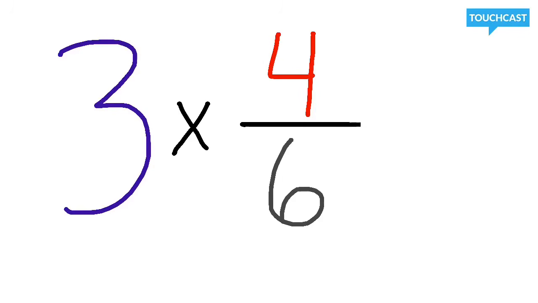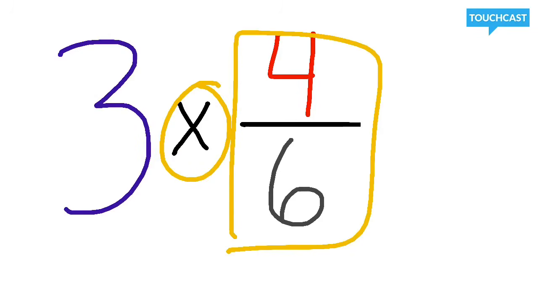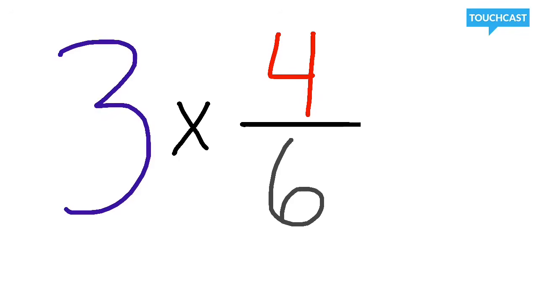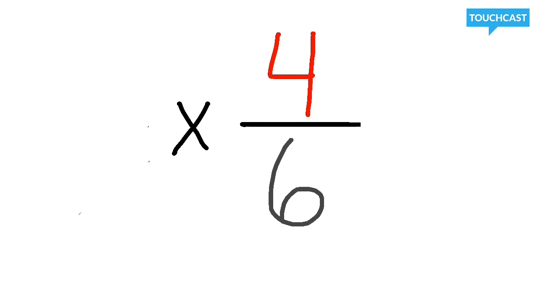Now, anytime you have a whole number that you're multiplying by a fraction, what you need to do is, I'm going to take this eraser here, I'm going to make my 3 go away because I'm going to add a denominator now to my 3.